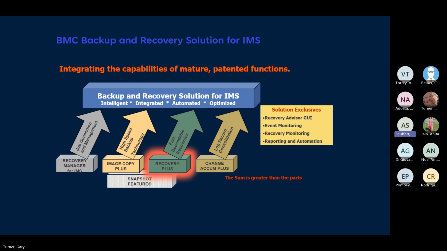Right. Okay, so I'm sorry, I think we've only got a couple minutes or 1 minute left, right? So can we today do a forward recovery from a safeguarded copy for IMS? If we have all the artifacts that we need, all of the archives, all of the image copies, can we do a forward recovery?